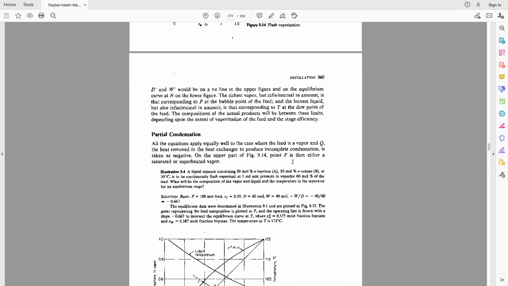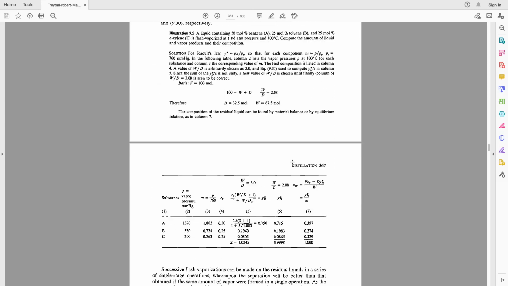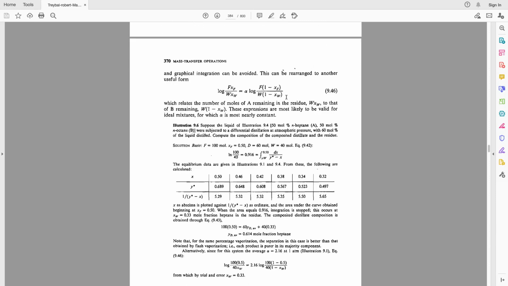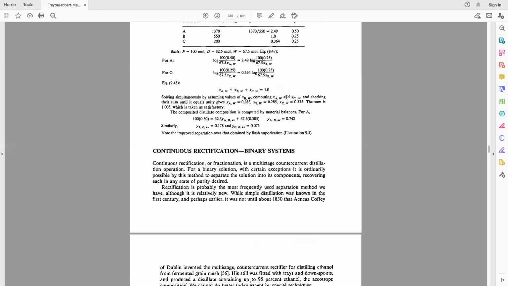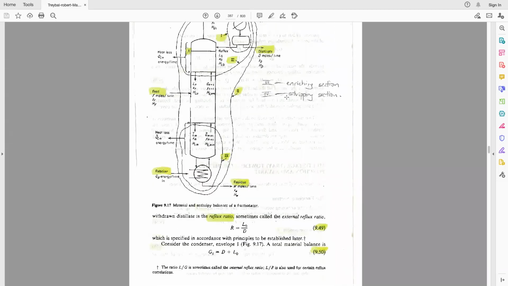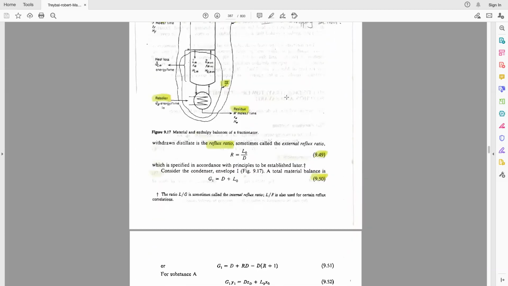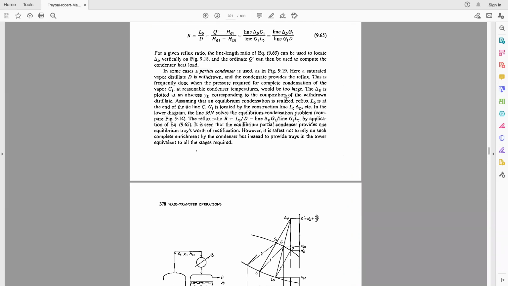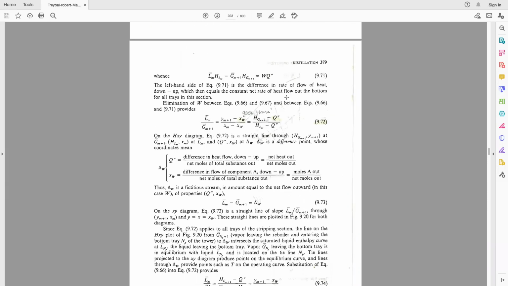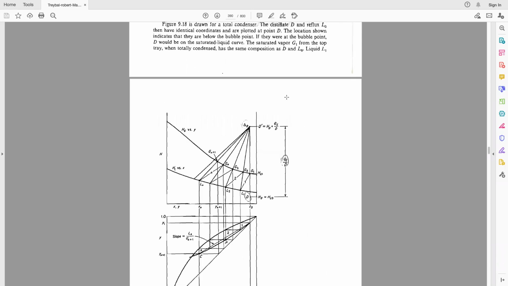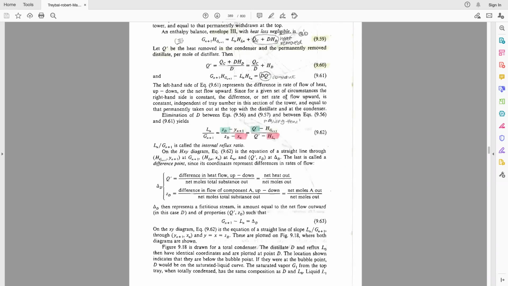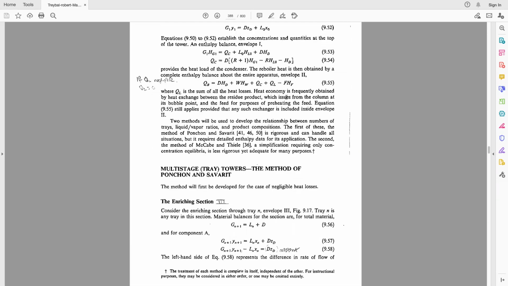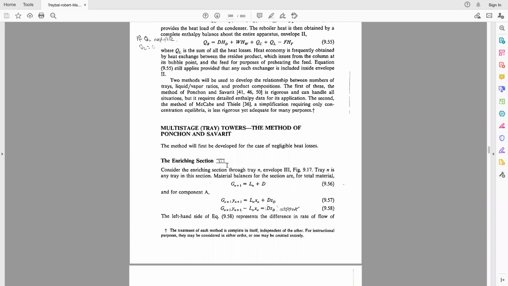It covers multi-component and binary mixtures, relative volatility. This is about the enriching section.